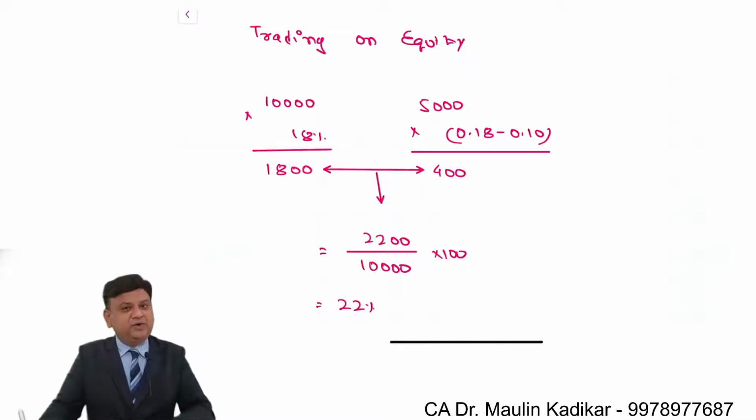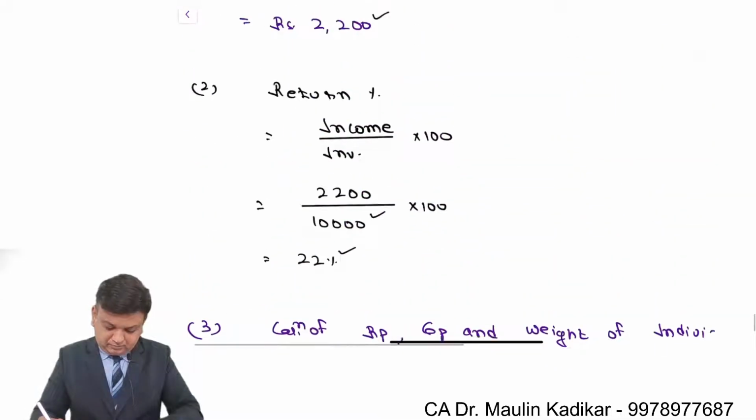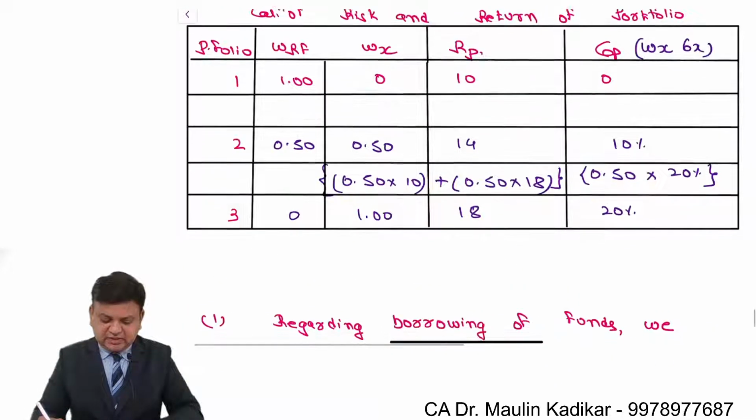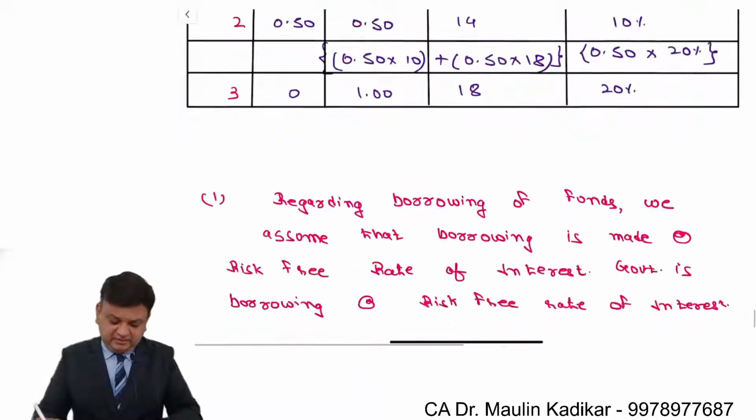However, at the same time, when you borrow and invest, the risk is also bound to increase. Why? Because whatever investment you have made may not generate the return you had expected. Even in that case, your payment of the financial charges is certain, so risk increases. This information is exactly the same as the previous question that we have done.